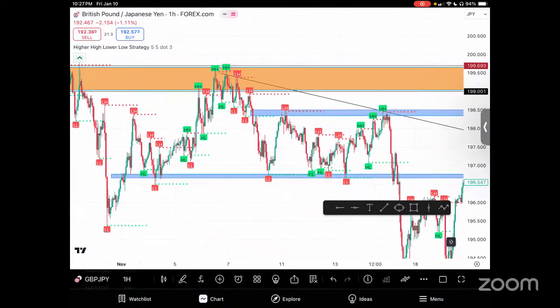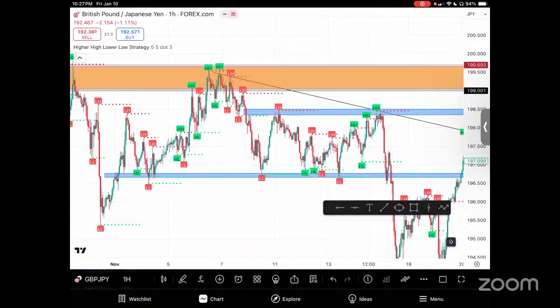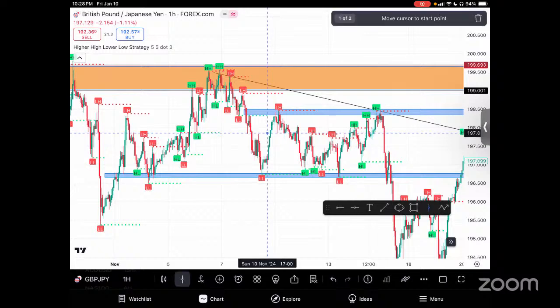How many touches do you see? Now, there's no number in a book that's going to say exactly this number, right? So for me, I have to see previous resistance, candle break, turn to support. So let's count it out.